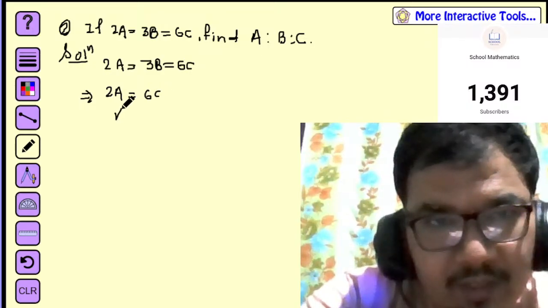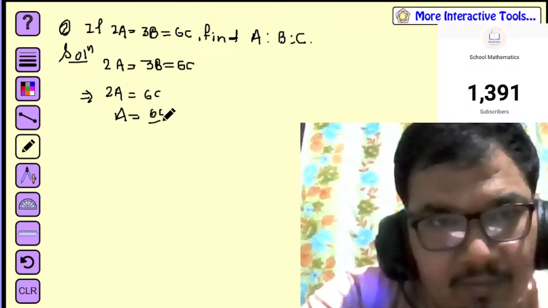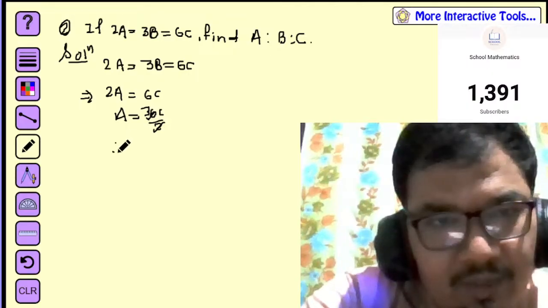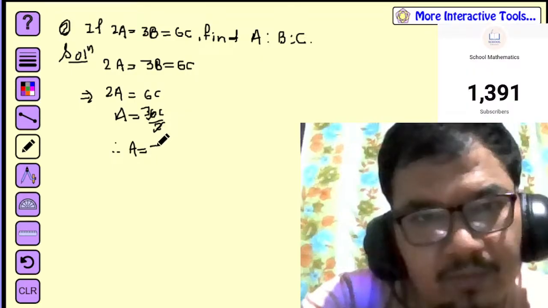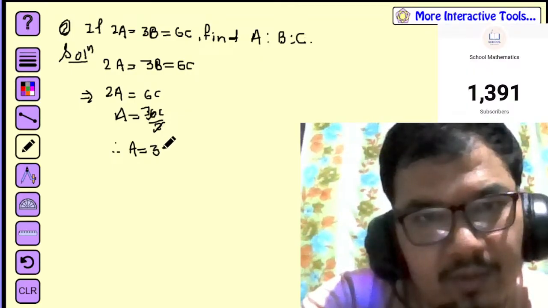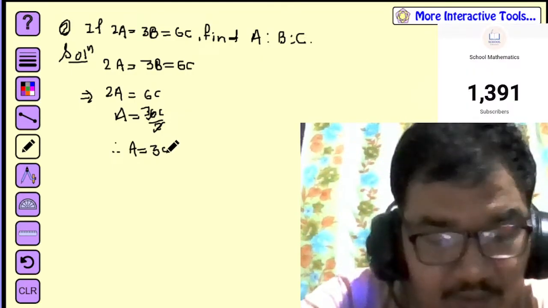Then what will be the value of a? The value of a will be 6c by 2, and 2 threes are 6. Therefore a equals 3c.